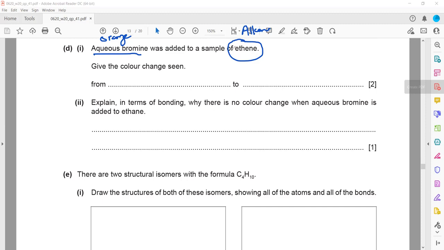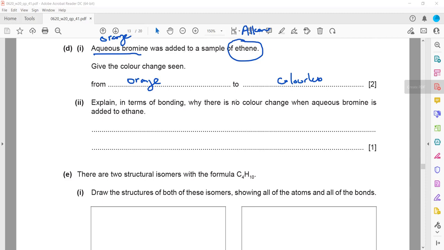So whenever we add aqueous bromine to any of the alkenes, what will we observe? We'll observe that the starting color before the reaction is orange, then it decolorizes, so the final color will be colorless, or there will be no color for the solution. So orange changing to colorless gives an idea that the substance present is an alkene and it undergoes an addition reaction.